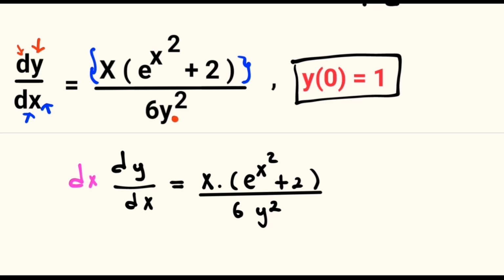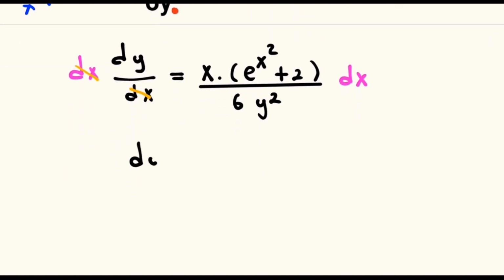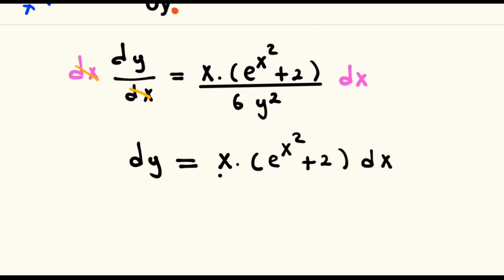We multiply both sides of the equation by the dx, and that dx will cancel out, and the dy will be equal to x into e raised to the power x squared plus 2 multiplied by the dx. This is divided by 6y squared.